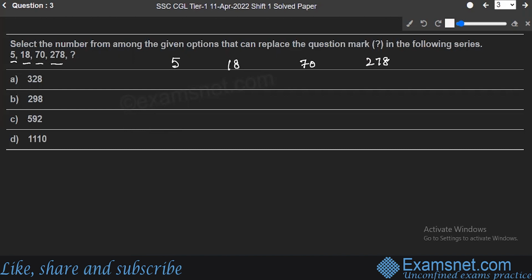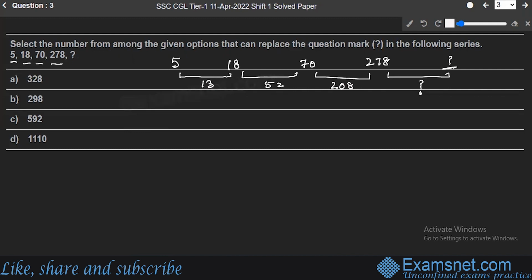So of course the logic in this is not simple multiplication. The difference between the first two is 13, then the difference between the next two is 52, and the difference between the last two is 208, and you have to find out what the logic is to get this number.